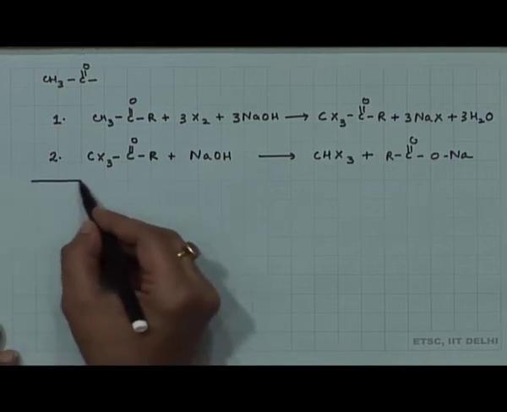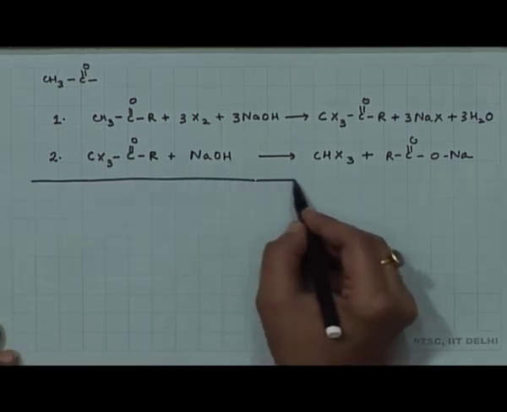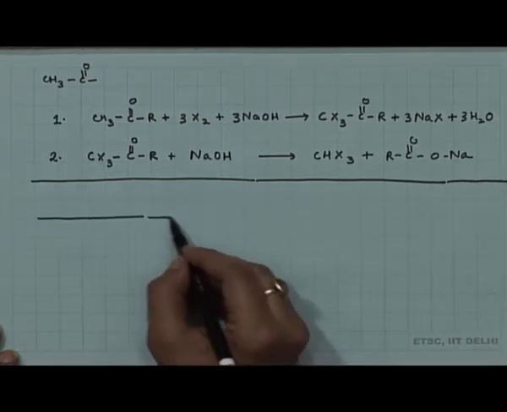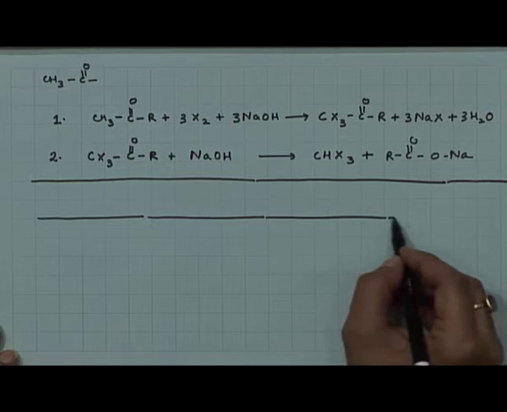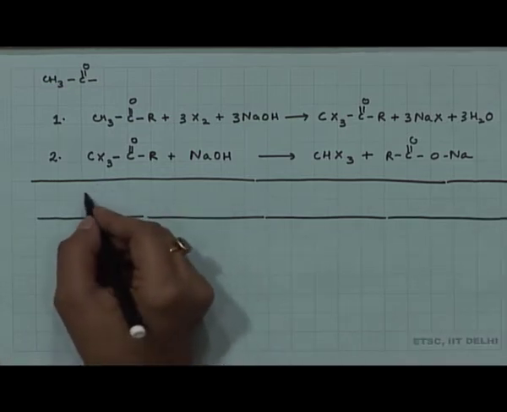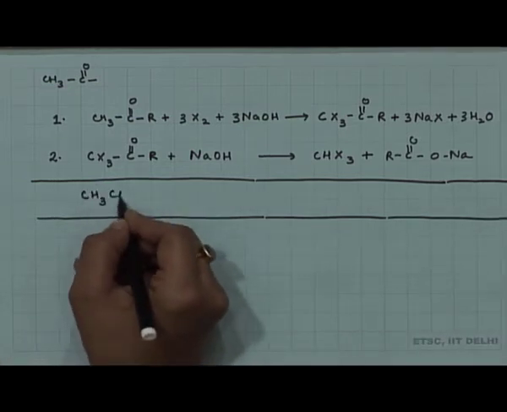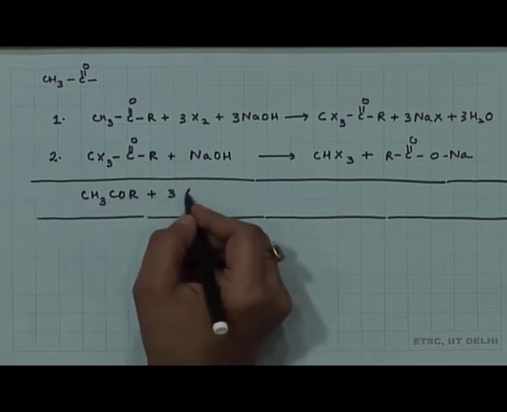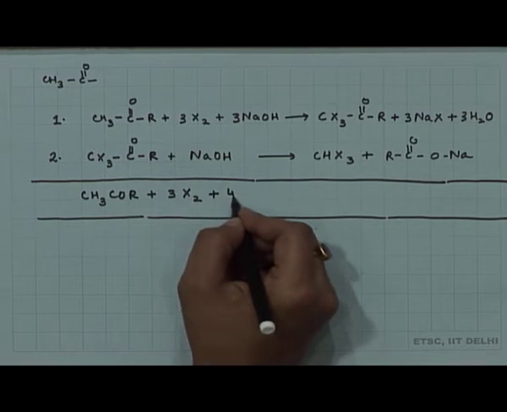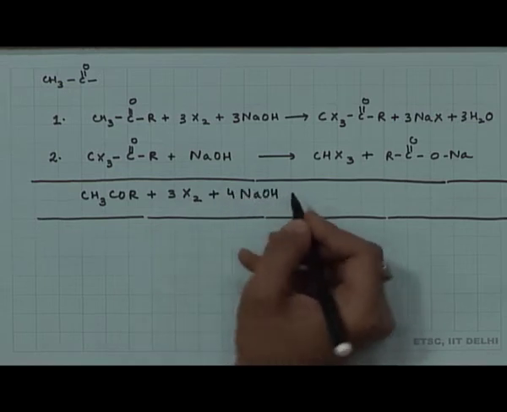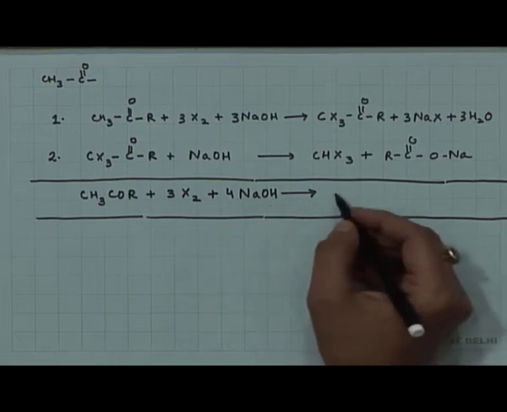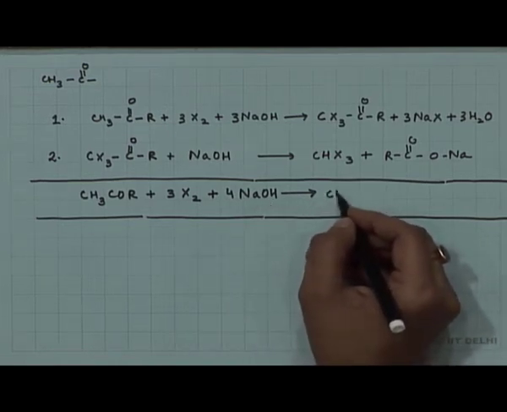So, overall the equation for the haloform reaction of acyl ketones would involve the following stoichiometry. You start with 1 mole of acyl ketone and treat it with 3 moles of halogen and 4 moles of NaOH. So, this is the stoichiometry requirement of the base and the halogen in the haloform reaction.